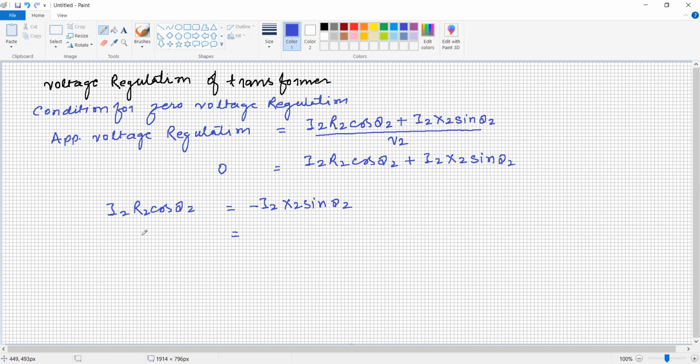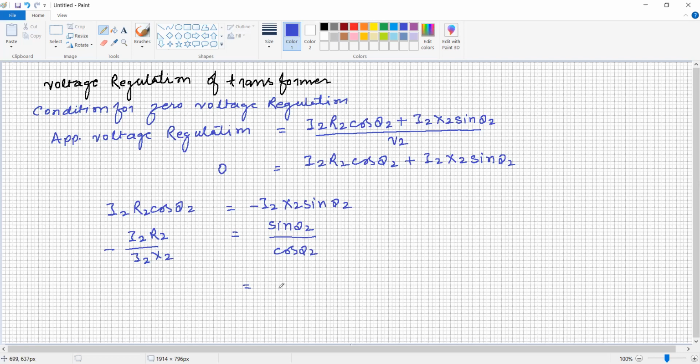So by arranging the equation, I2 R2 divided by minus I2 X2 is equal to sin theta 2 upon cos theta 2.